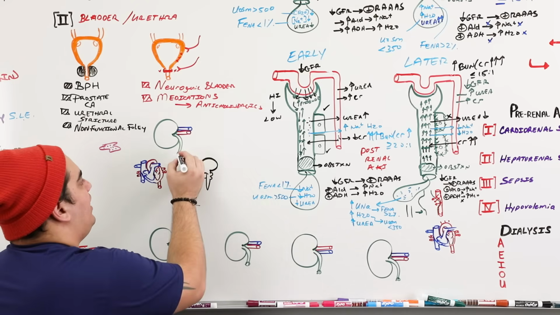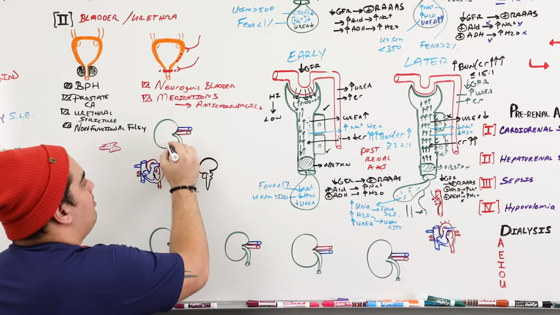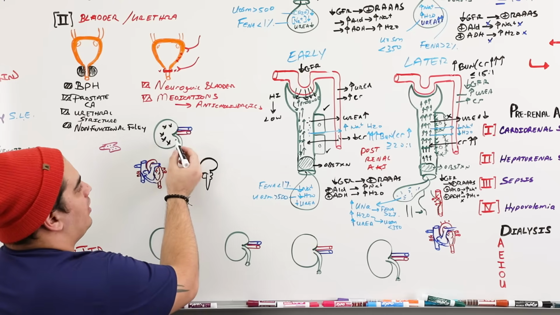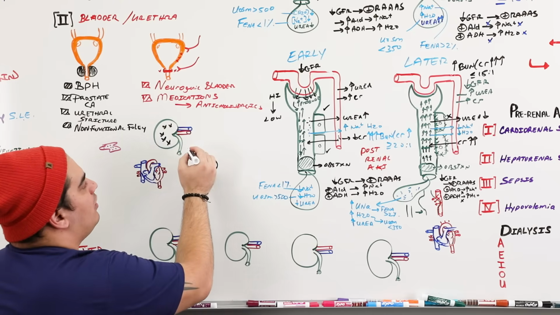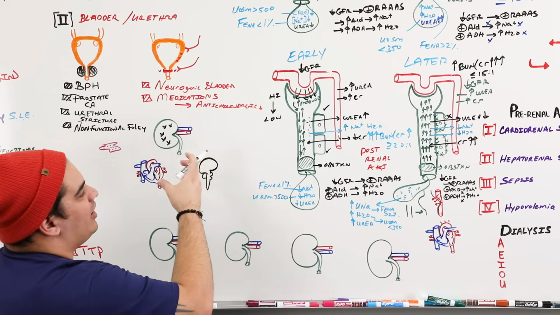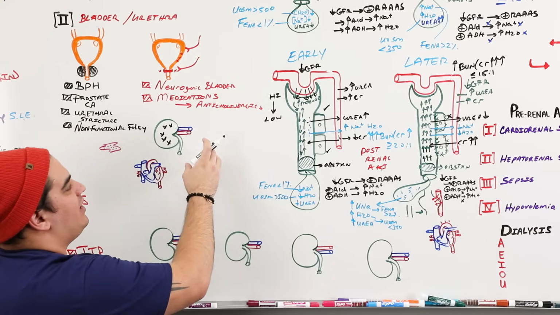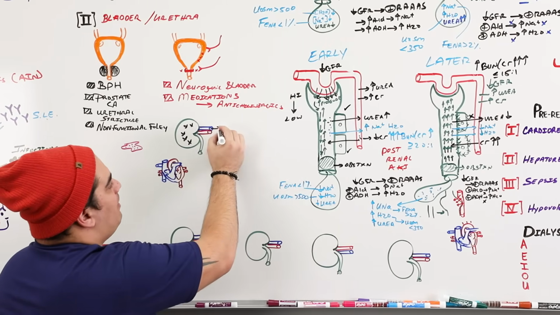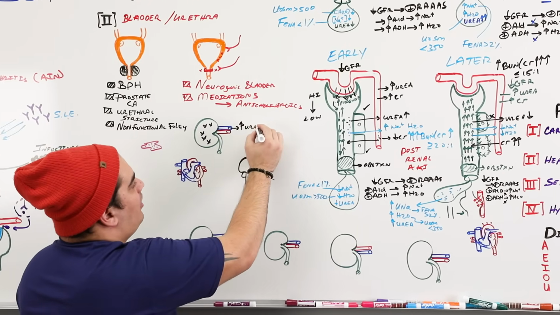Well, whenever the kidney's all jacked up, I want you to really remember intra-renal AKI. The kidney's injured. It's not able to do what to the urea? It's not able to really reabsorb the urea, but it's also having difficulty being able to filter the urea. And so what happens is you may develop a little bit of a urea buildup.